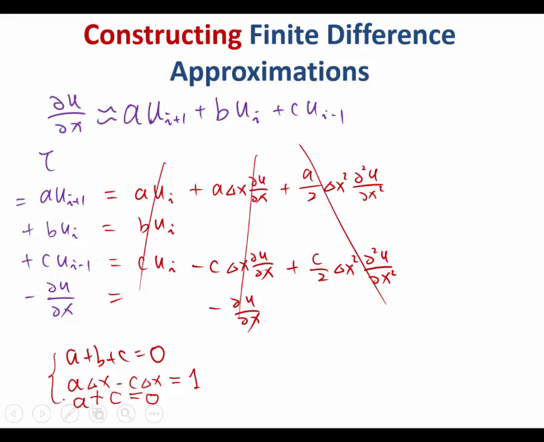I have three equations to solve. And once I solve these equations, I know the truncation error has to be O(delta x cubed), right? Then I'm happy.